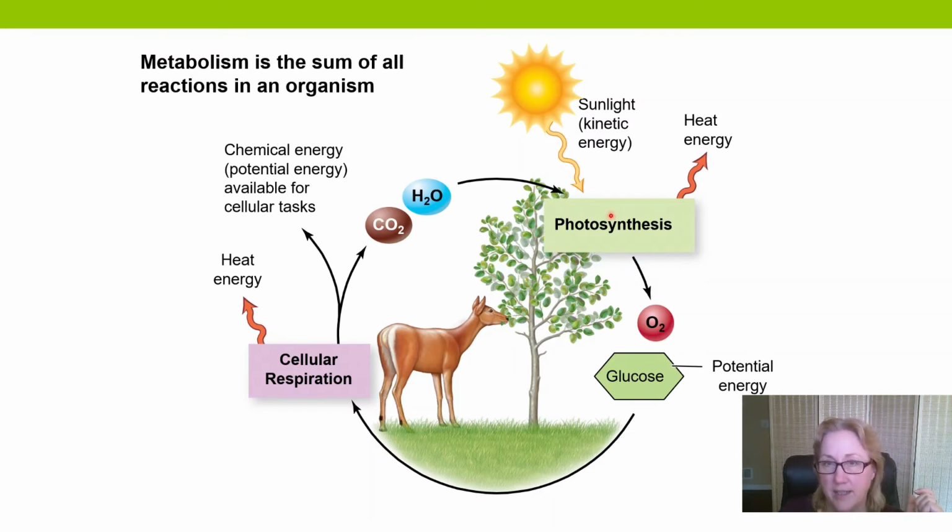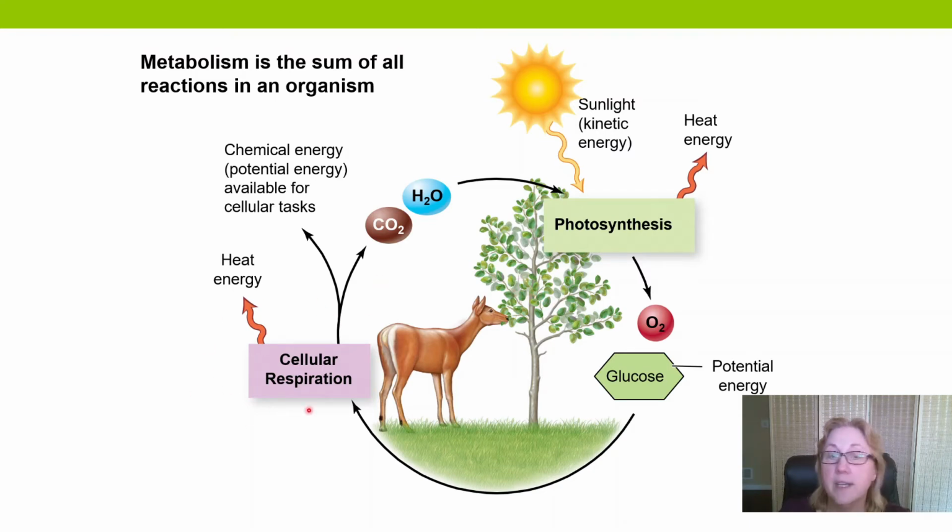And even this process of converting sunlight into potential energy and chemical bonds is not 100% efficient, and so heat is released as a byproduct of this reaction. So these two sides of the coin of life on Earth, photosynthesis and cellular respiration, most living things on Earth do these things.